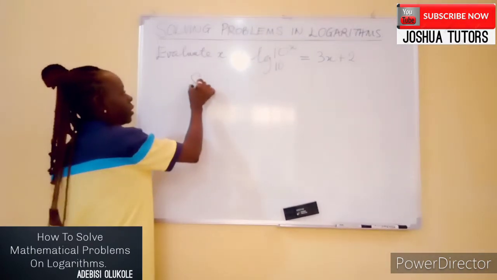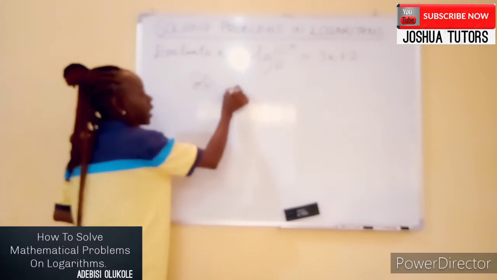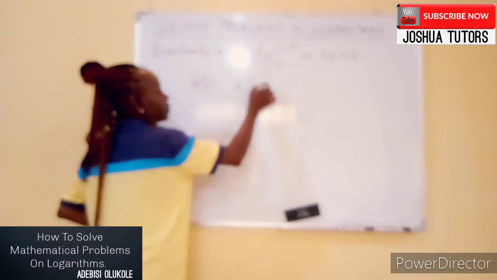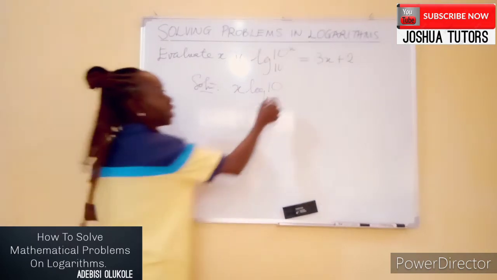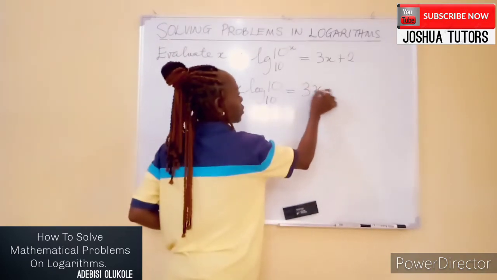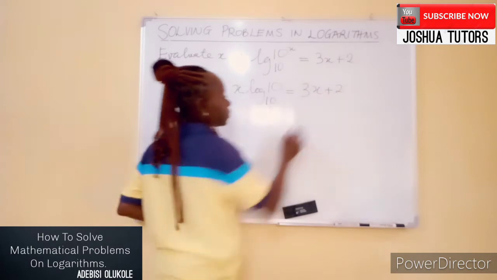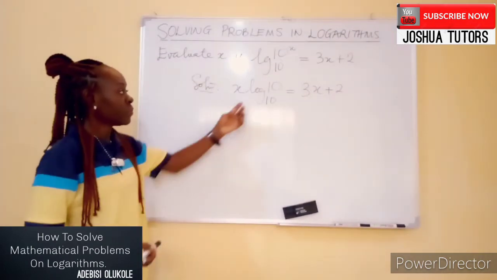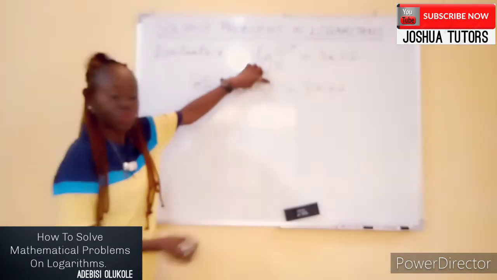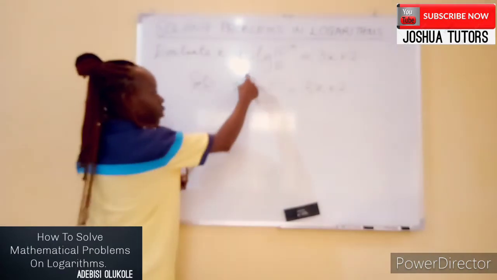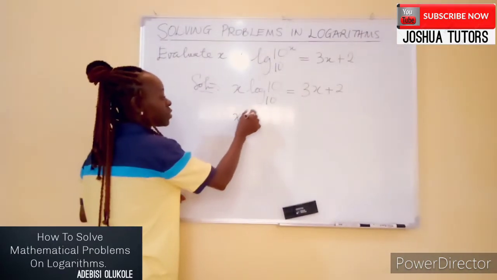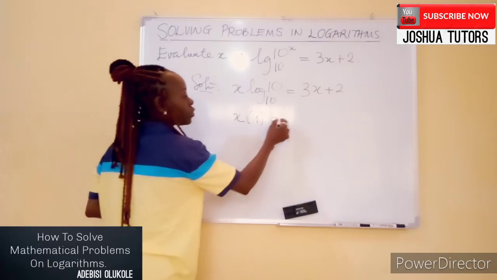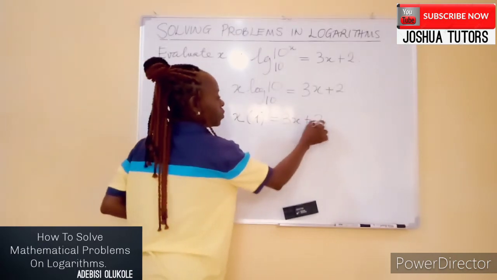So we have there x log 10 to base 10 equal to 3x plus 2. So you can see that log 10 to base 10, the whole of this is 1. So I'm going to have x into 1 equal to 3x plus 2.